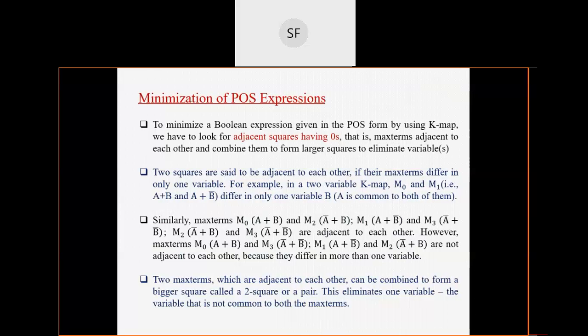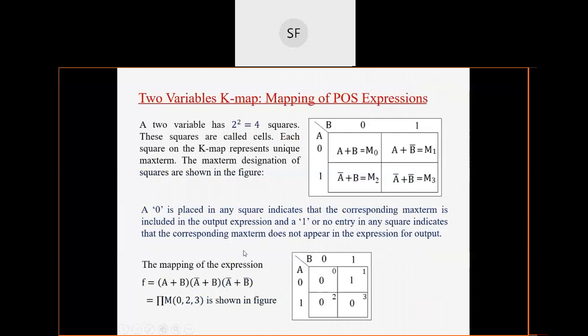We are discussing the POS form, and in POS form we are now discussing the two variable K-map. SOP two variable K-map we have already seen. Now we will discuss POS with the two variable K-map. Again, we have seen how mapping is done, so this much part is clear to you.